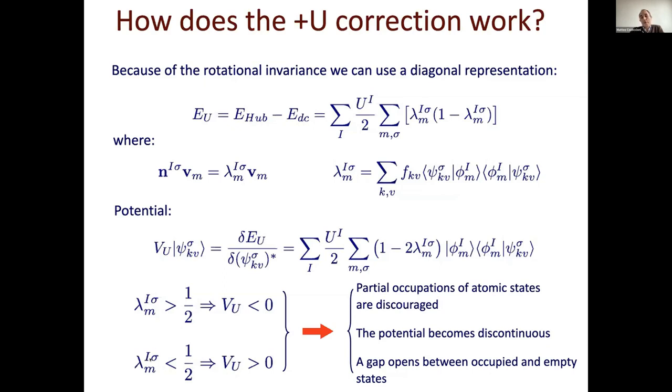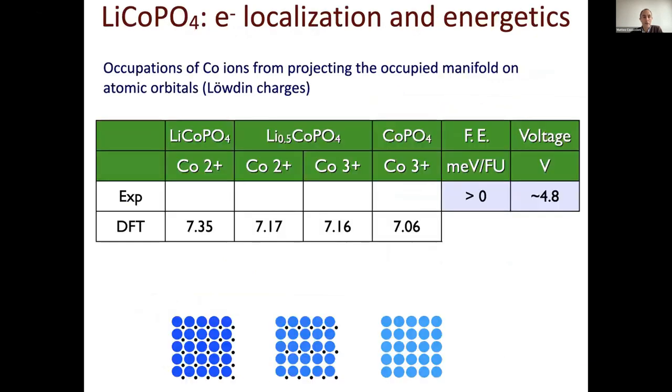The opposite happens if lambda is smaller than 1/2 to start with, so the potential becomes repulsive and pushes the electron away in order to favor the states becoming empty. So a gap opens in the spectrum of the system between fully occupied and fully unoccupied states, which is due to the action of this Hubbard correction.